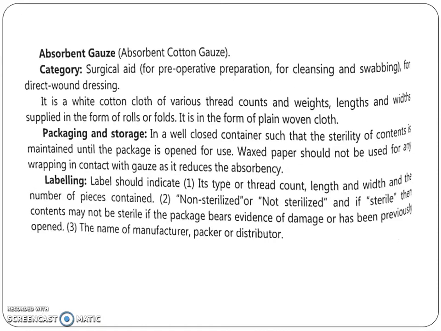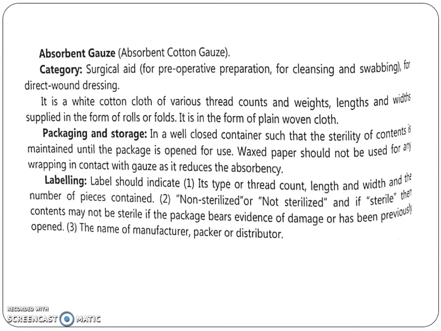Packaging and storage: in a well-closed container such that the sterility of the content is maintained until the package is opened for use. Wax paper should not be used for any wrapping in contact with gauze as it reduces the absorbency. Then labeling. The label should indicate first its type or thread count, length and width, and number of pieces contained.